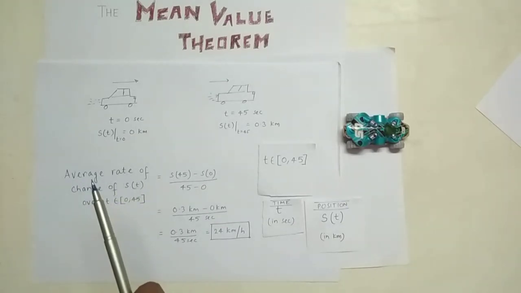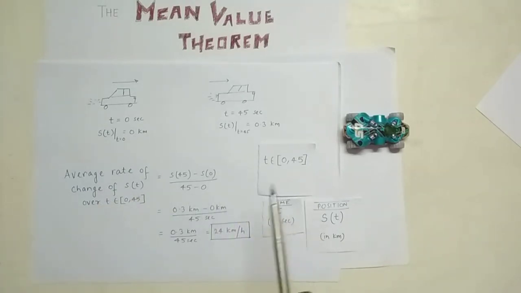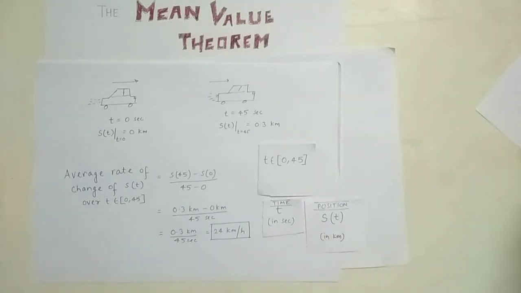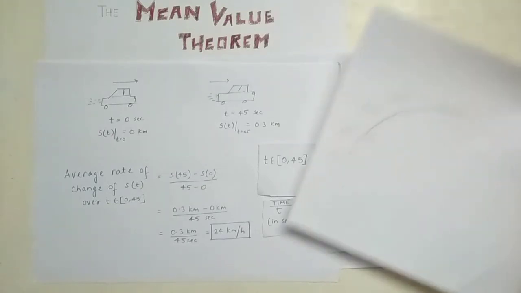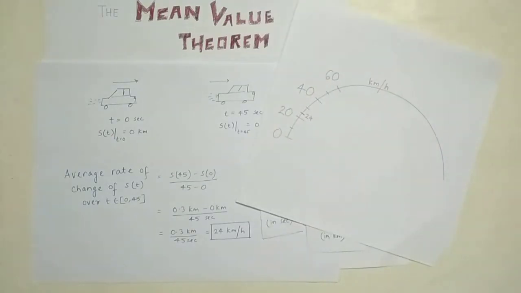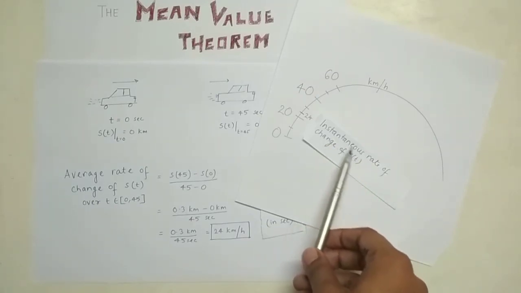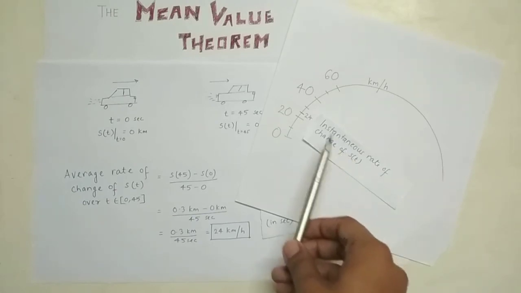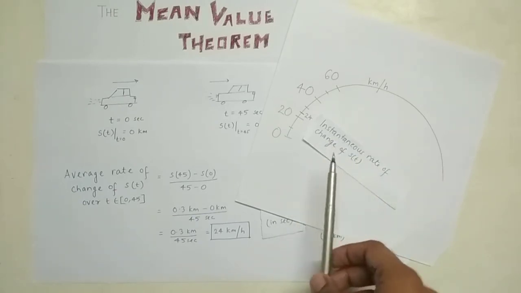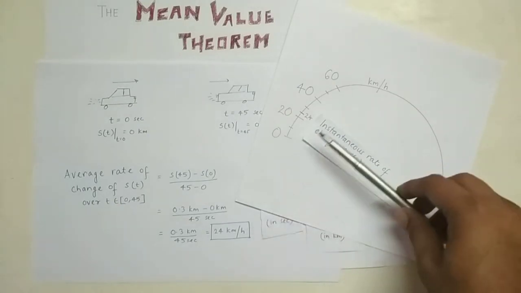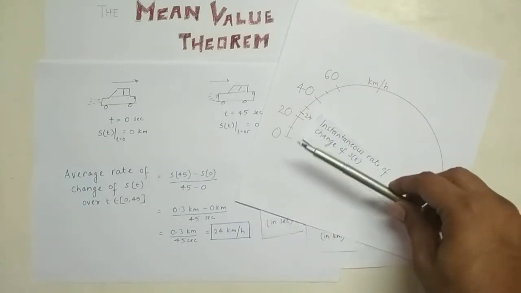So we have just found again that the average speed of the car over this time interval was 24 kilometers per hour, and we had already seen that the instantaneous speed of the car, which can also be interpreted as the instantaneous rate of change of the position, which means the instantaneous velocity, which in turn means the instantaneous speed, was equal to the average speed at two different instants.